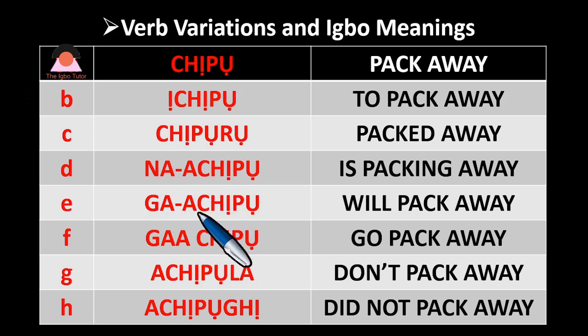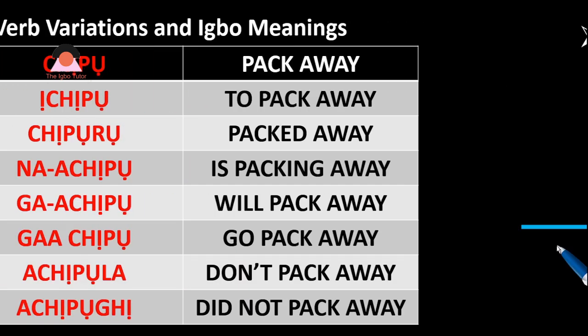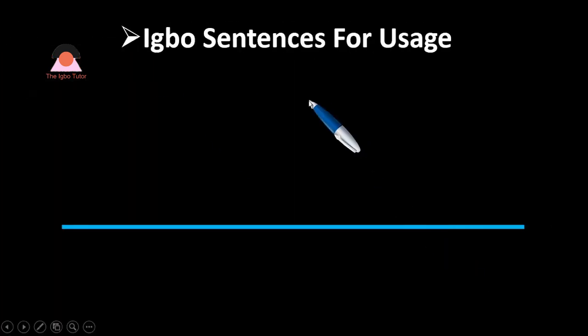Now future, ga a Chipo. Then a command, ga Chipo, go pack away. And we have don't pack away, an instruction, a Chipola. And then a report that someone did not pack away, a Chipoe. All right, a Chipoe.